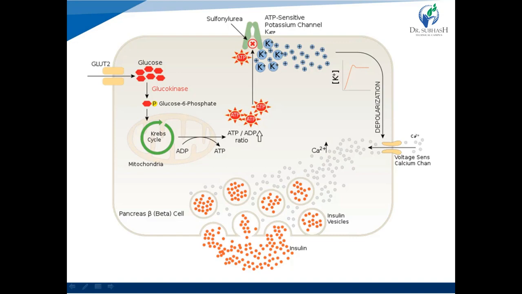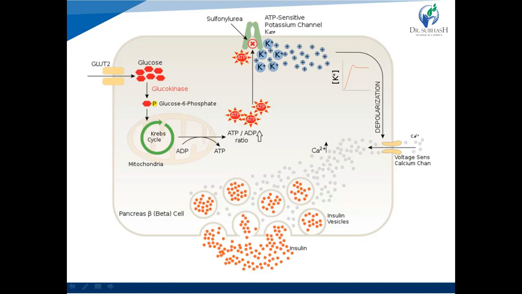GLUT2 is a transmembrane carrier protein which facilitates transportation of glucose, and by this GLUT2, glucose enters the pancreatic beta cell. Here in the beta cell, with the help of glucokinase, glucose is converted into glucose 6-phosphate, which enters the Krebs cycle in the mitochondria, and by this Krebs cycle, energy is produced in the form of ATP.